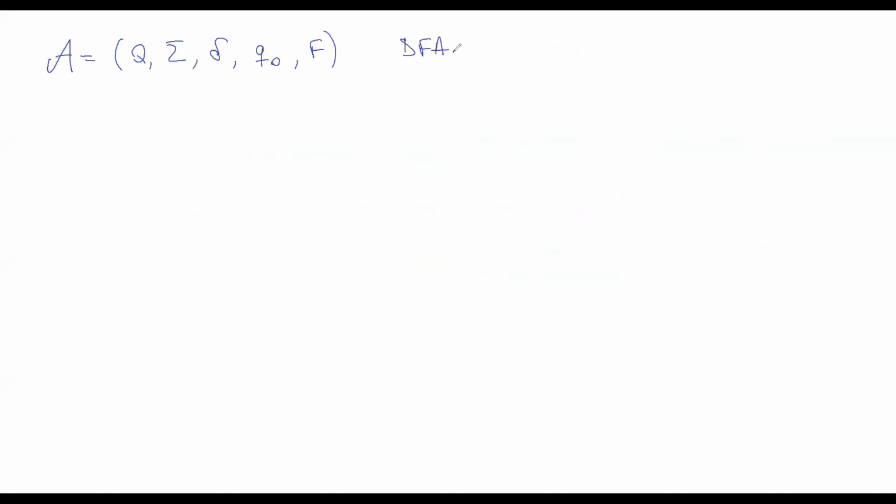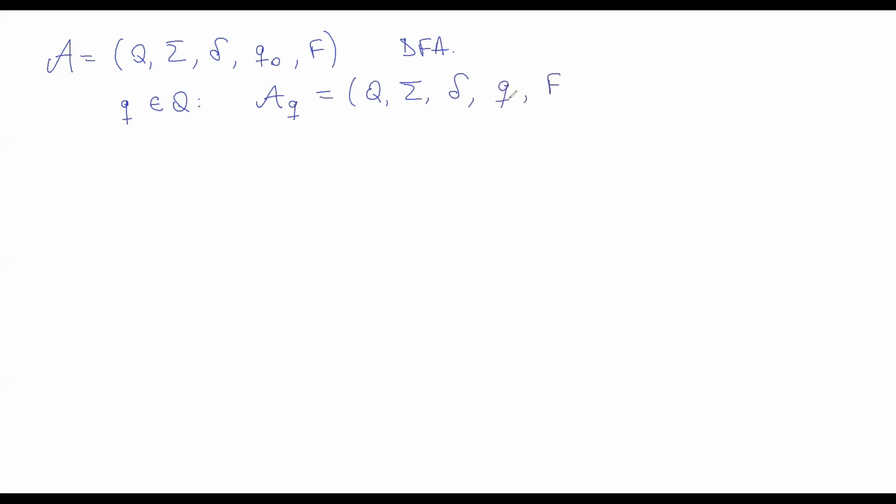And I'm going to define, so for some state Q in Q, an associated automaton, AQ, which is almost the same as this one. It certainly has the same states, it certainly has the same input alphabet, it even has the same transition function, and it even has the same final states.